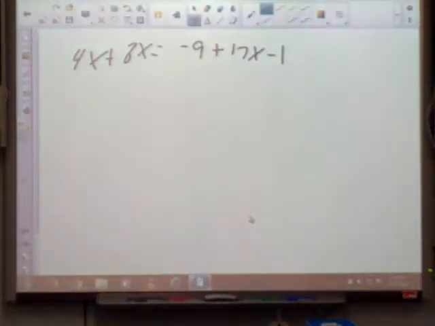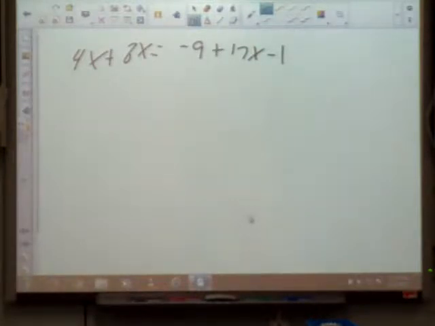So let's look here at 4x plus 8x equals negative 9 plus 17x minus 1. Think about it. Tell me what might be something good to do. Hunter, what do you think something good to do could be here?